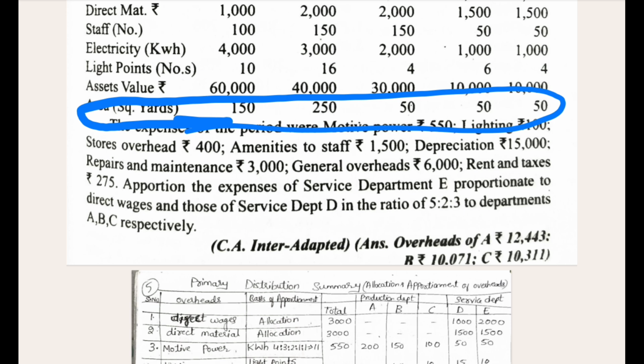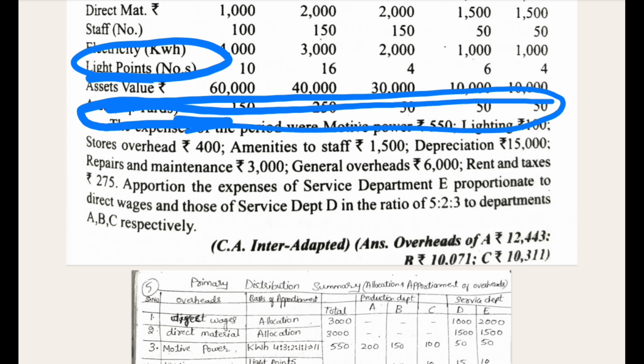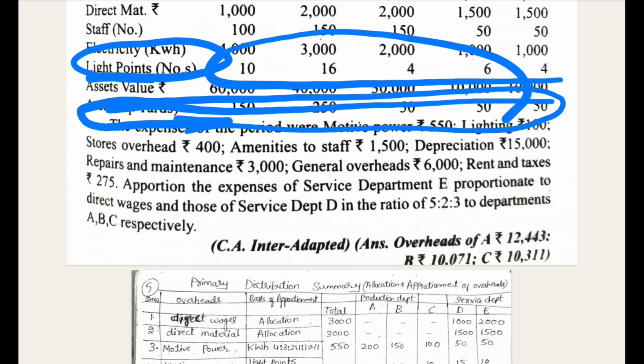So when the number of lighting points is not given to us, in that case, note down, we have to distribute lighting on the basis of area. If light points are given in the question and area is also given, then don't take area into consideration for the apportionment of lighting. You have to apportion on the basis of light points only. It's clear?